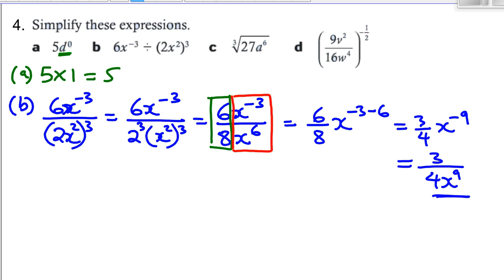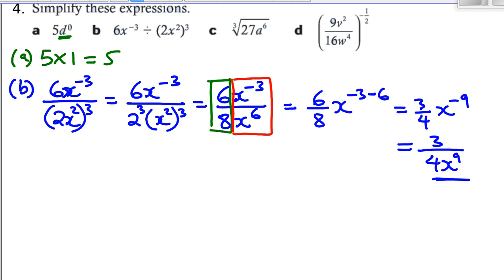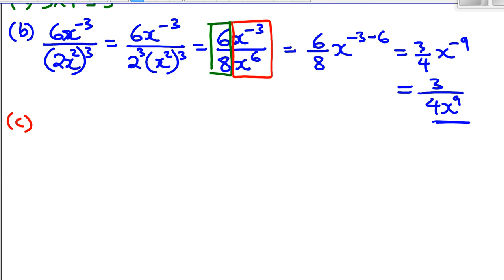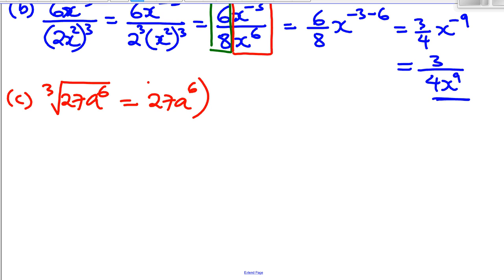Moving on to C. Now for C, I'll just scroll down there. For C, what you have is the cube root of 27 to the power 6, I mean 27 times 8 to the power 6. So what you can do is rewrite this as (27 times 8 to the power 6), everything to the power a third.